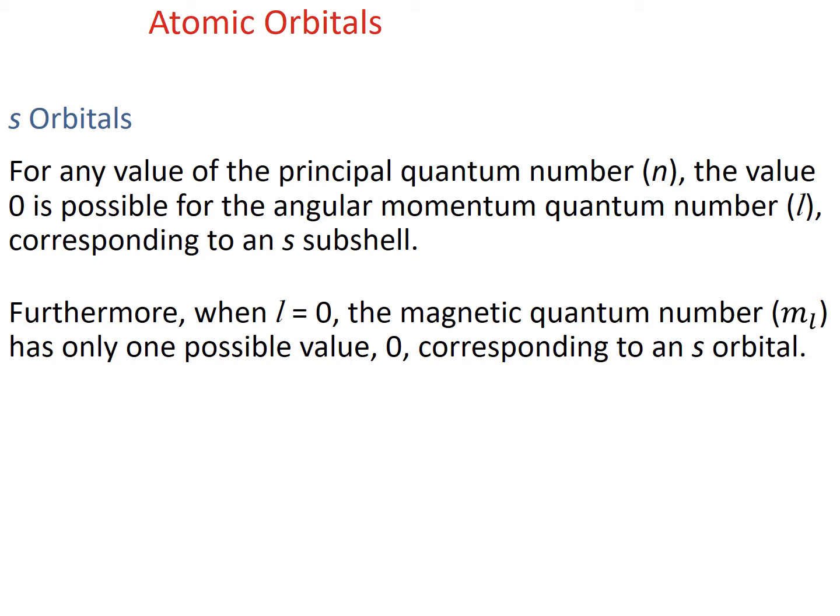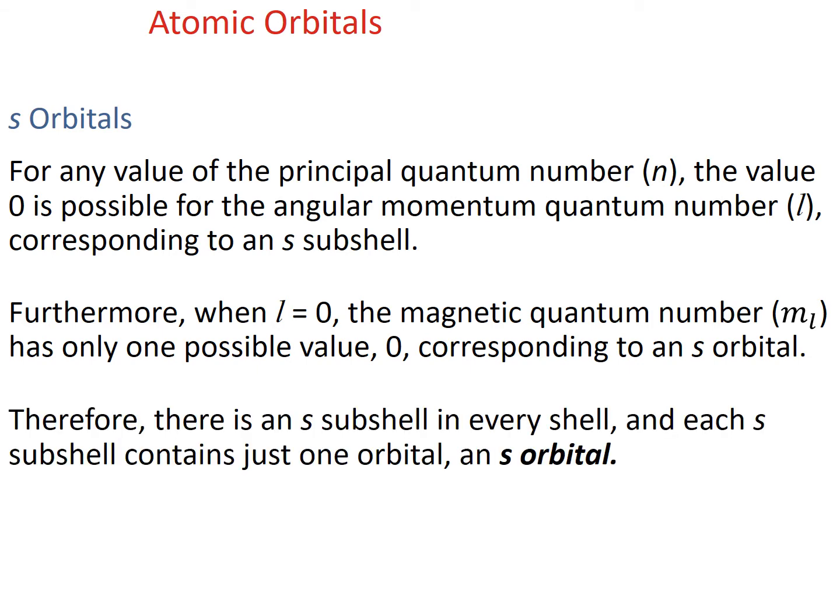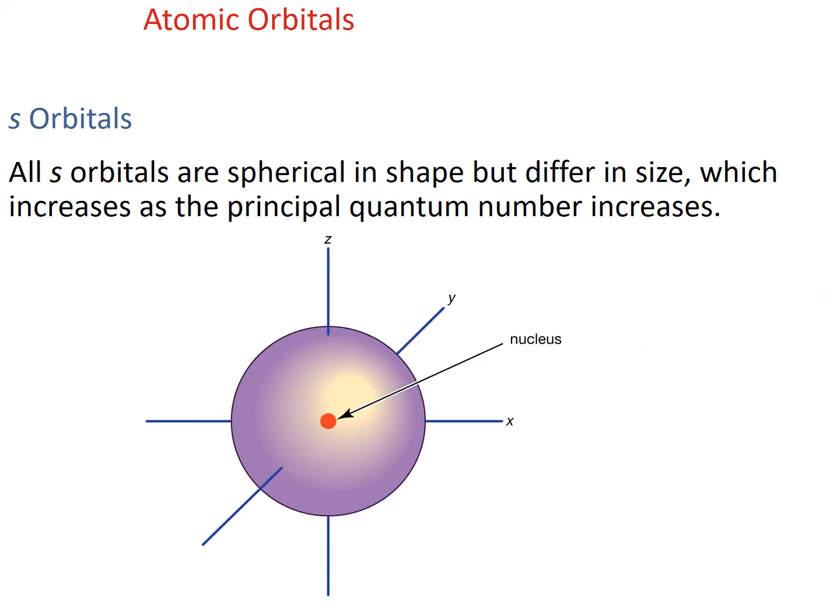M sub L, since it's only one value, means that it can only have one orientation in three-dimensional space. Okay, so an s subshell contains just one orbital. That's that s atomic orbital. It's spherical, which makes some sense because m sub L equals just one value. It can only have one orientation.